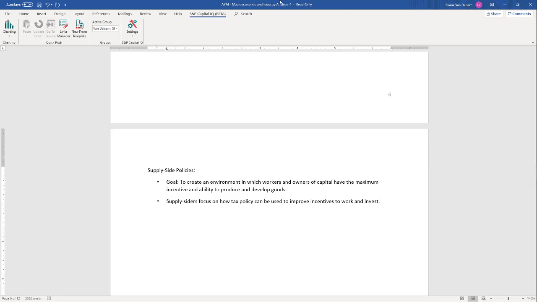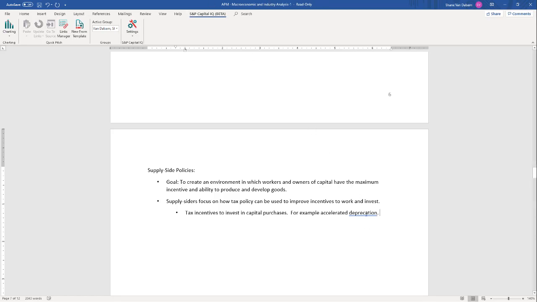So some examples of this are tax incentives to invest in capital purchases. For example, accelerated depreciation can be seen as a way to use tax policy to encourage investment.